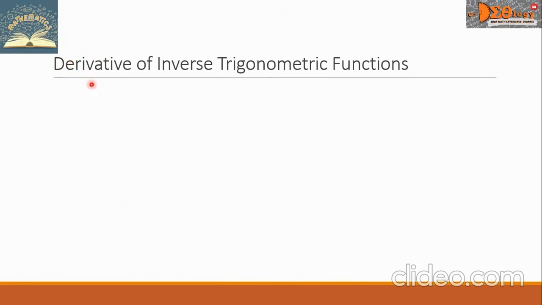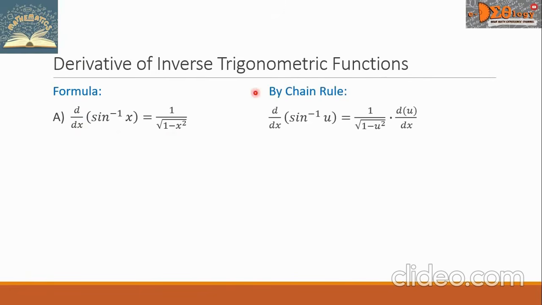Let us study now the derivative of inverse trigonometric functions. Let us write the formula starting with d over dx of sine inverse of x. This is equal to 1 over the square root of the quantity 1 minus x squared. By chain rule, the formula becomes like this, where u is a function of x.